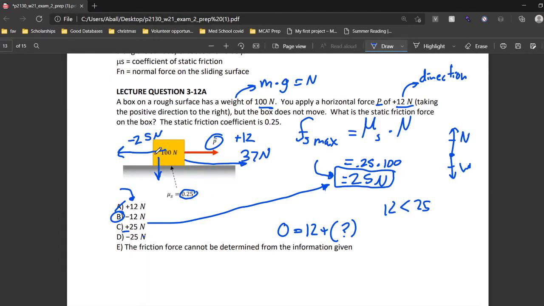And then D, negative 25, we would be saying that there's a net force. If we balance these two out, there's a net force of negative 13 newtons, which would mean that the box is moving in the negative direction, which from the problem statement, we see that the box is not moving. So that is why the answer is B. And then E, the frictional force cannot be determined. It can't. This is just a trigger. I hate that one.